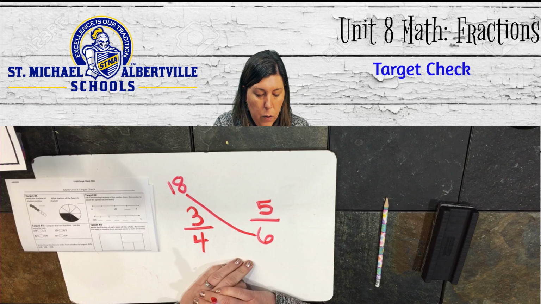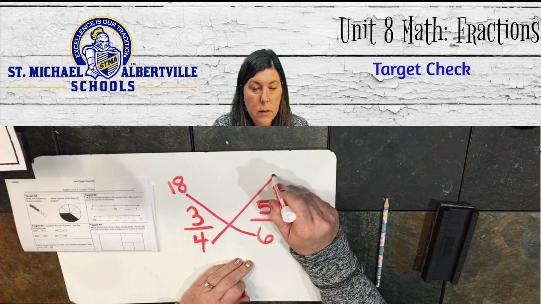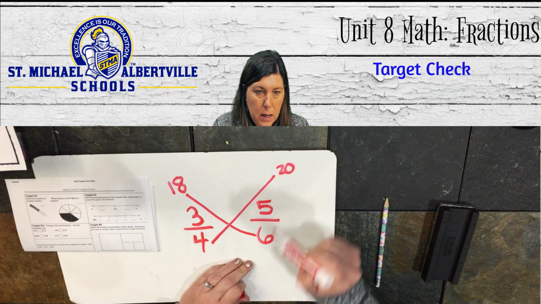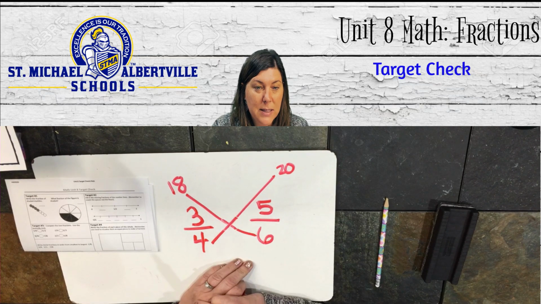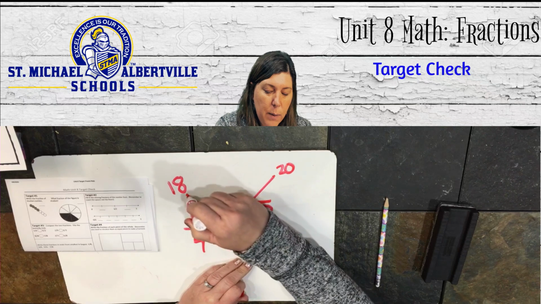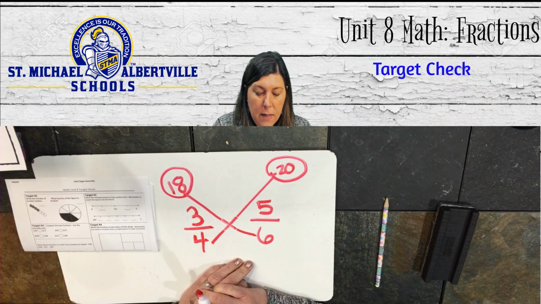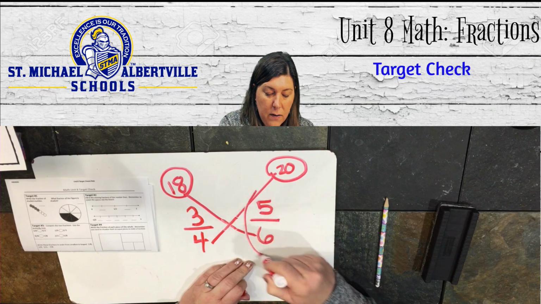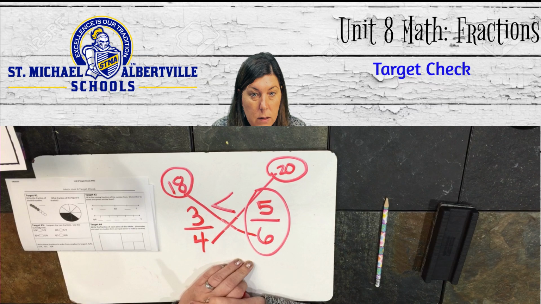Then I go 4 times 5 equals 20. This right here shows me times, that I was doing times, and this right here represents my butterfly. And I can see that 5/6 is greater than 3/4.